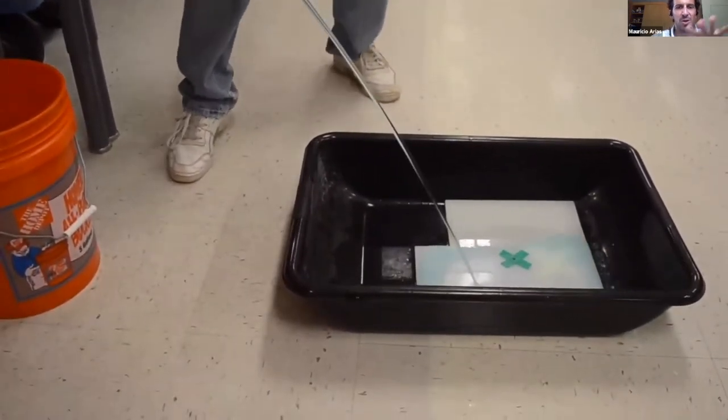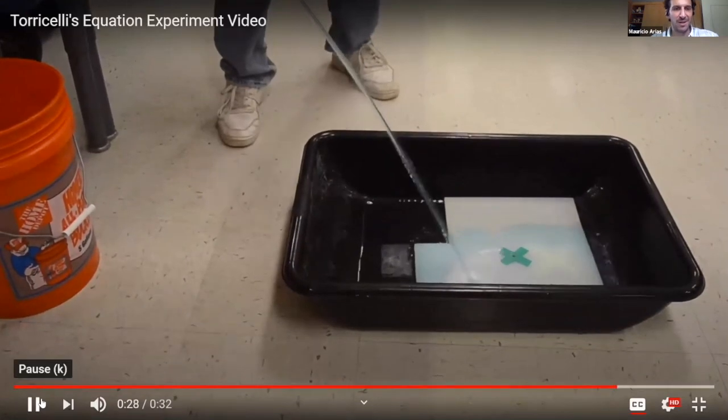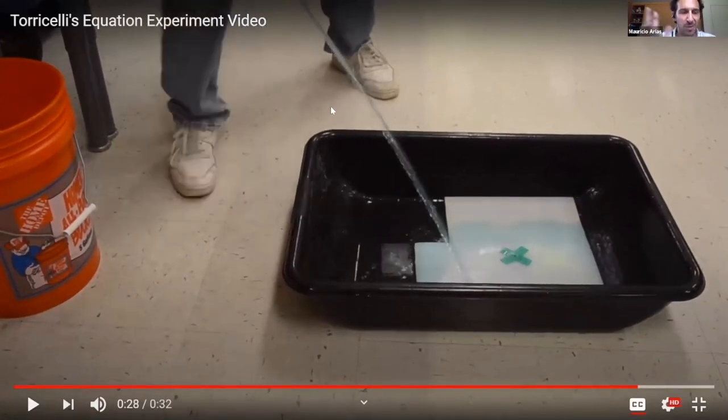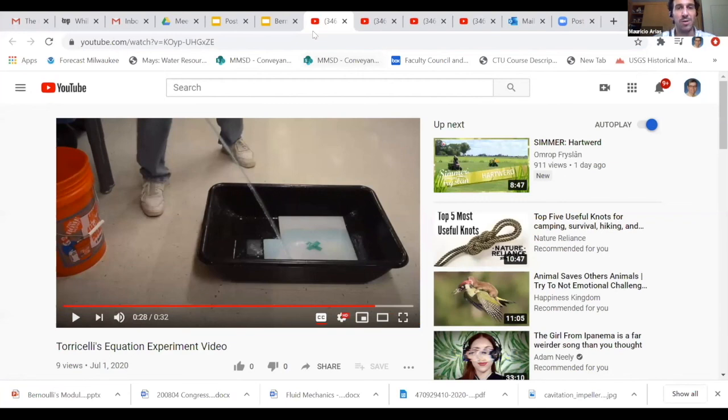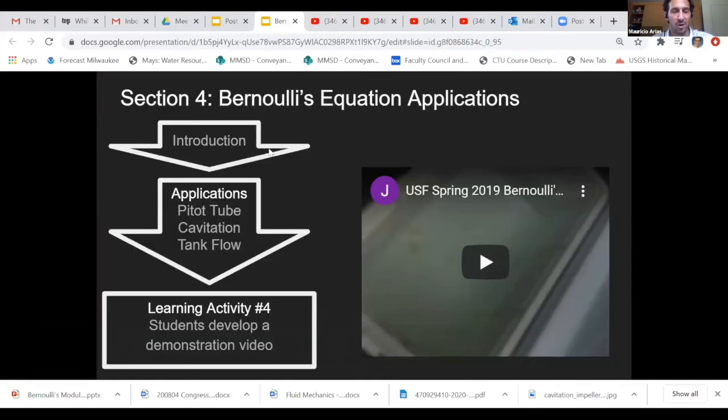And then, we give students this kind of example, and the culminating activity of the module is we ask the students to come up with their own experiment. In the video that Will showed, he actually explained some of the dimensions and why water doesn't go exactly where it's supposed to go and all that.